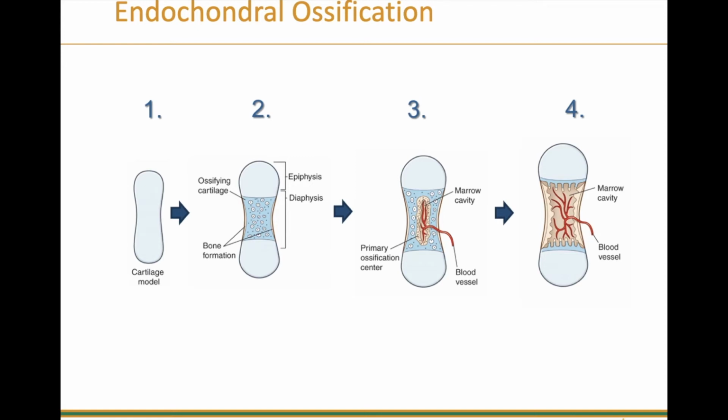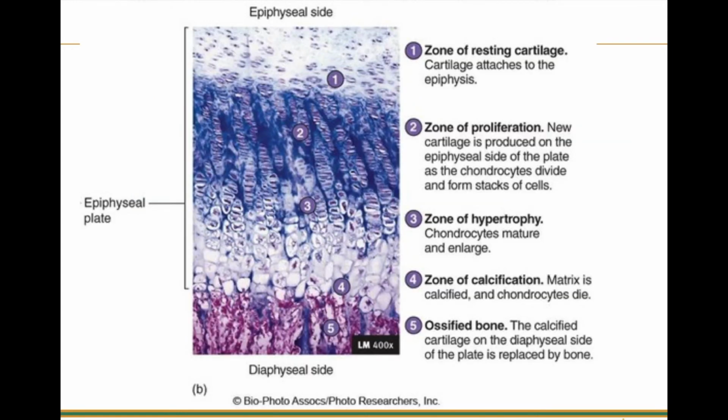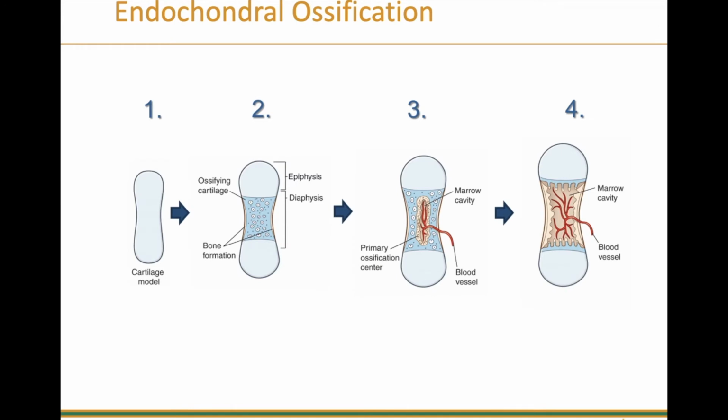Then blood vessels will grow into this and form what's called a primary ossification center in the middle, and slowly it will start to form bone, replacing the cartilage. And then more blood vessels grow in, and the bone is remodeled. And then the very last step would be the ossification of the ends of the bones.